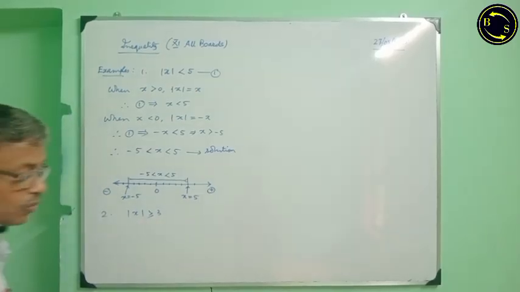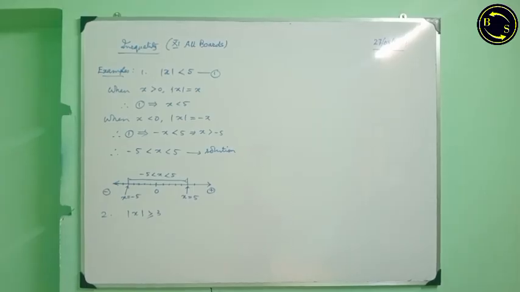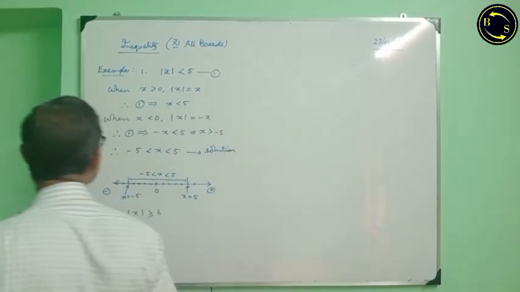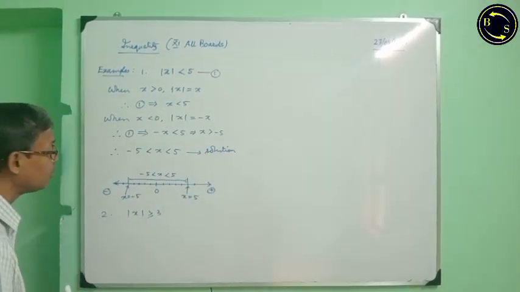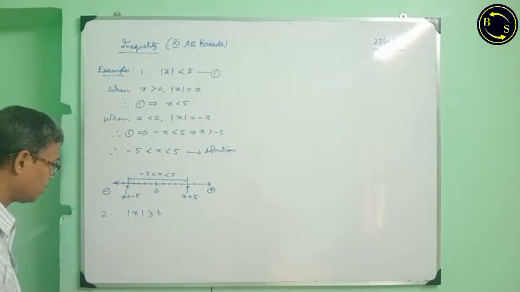Mod x greater than or equal to 3. First of all, we express that with the help of inequality symbol only. It involves modulus as well as inequality.